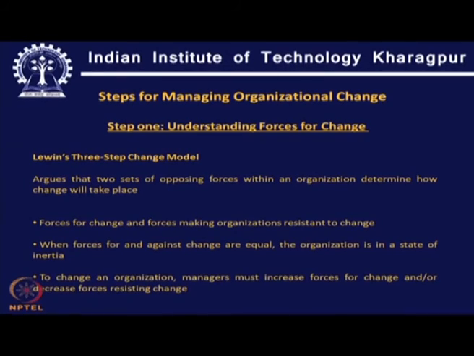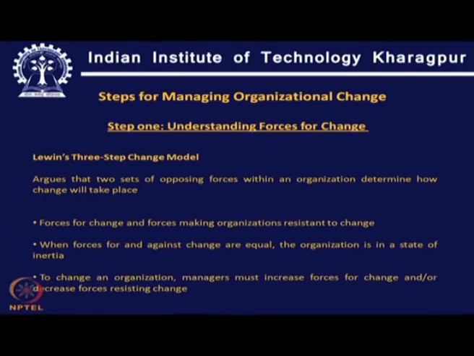So, when both these two forces, forces for change and forces against change, are balanced with each other, the organization is in a state of inertia. So, to introduce change in the organization, managers might either increase the forces for change or reduce the forces which are resistant to change.